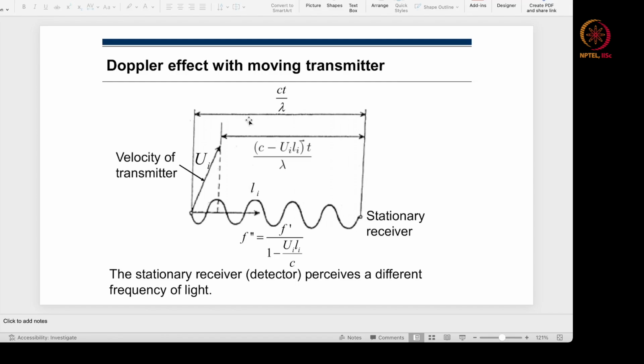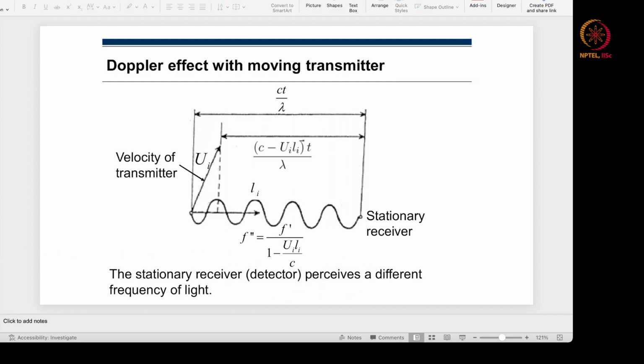The initial frequency is of course c/λ. Now it has obviously been reduced because c is now c minus u_i l_i, which is once again the inner product of the velocity in the l_i direction. So the frequency in this case will also be reduced. The stationary receiver receives a different frequency of the light.